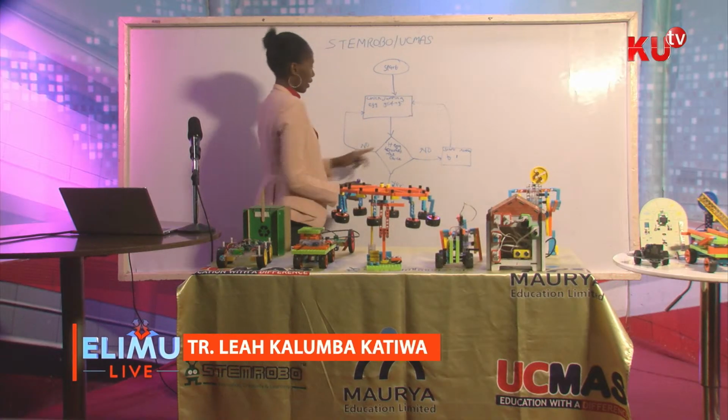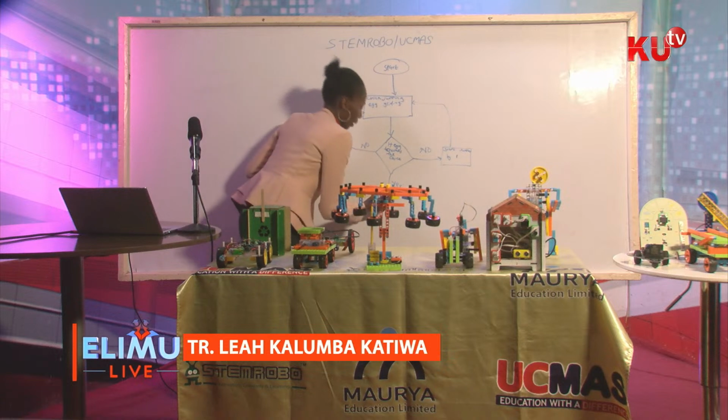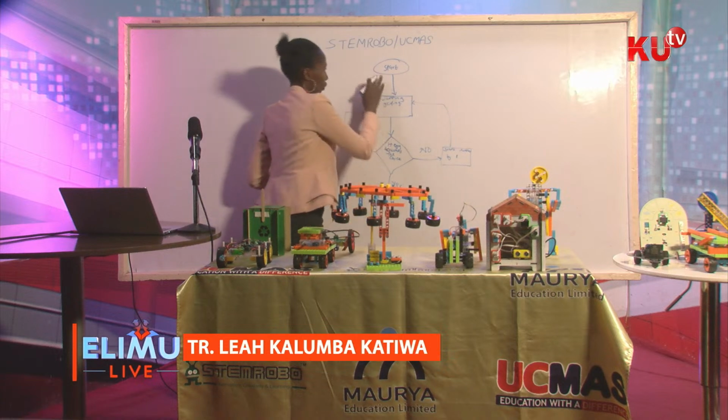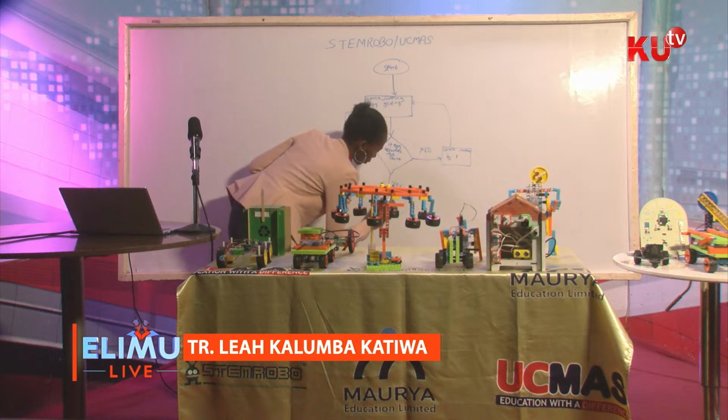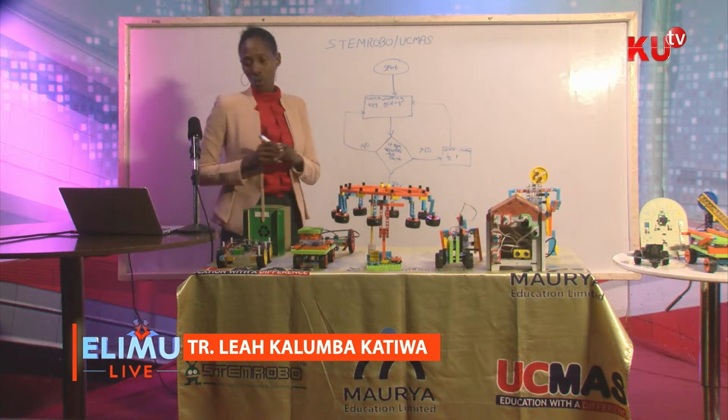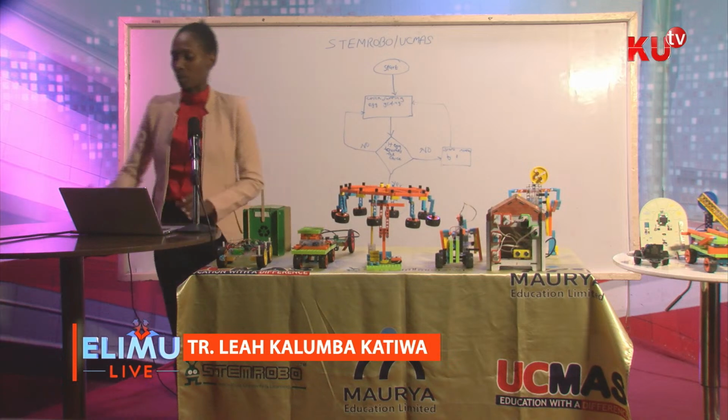Here, if yes, this chick touches the egg, then it's supposed to be a game over. We have the oval shape for the beginning of the game and the end of the game. So here it's a stop. So let's now go to the Scratch program and code for the sprites.